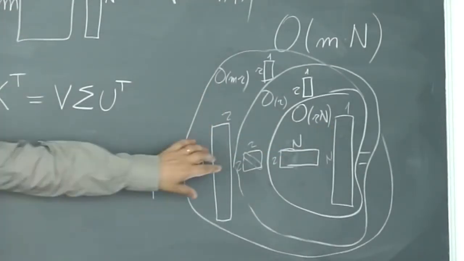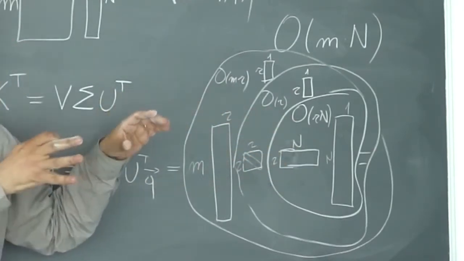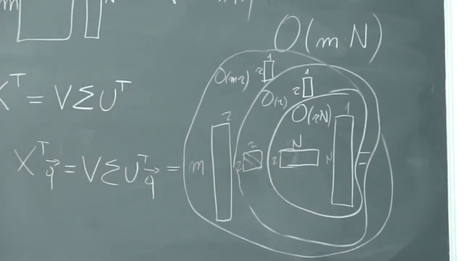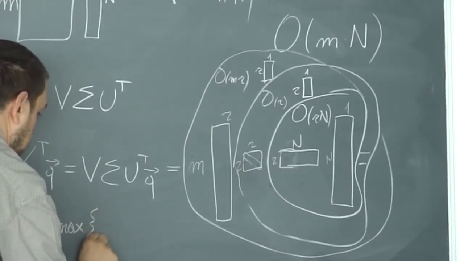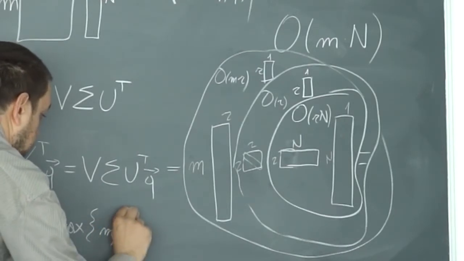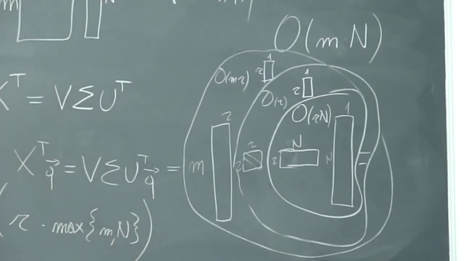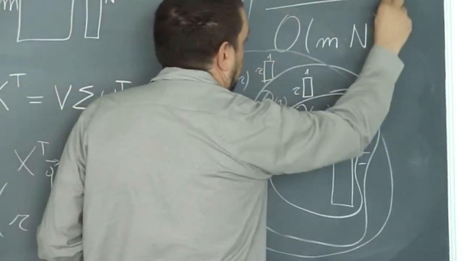Okay? They are not nested. They are done one after the other. So here I have big O of R multiplied by the maximum between M and N, which is not significantly different from this.